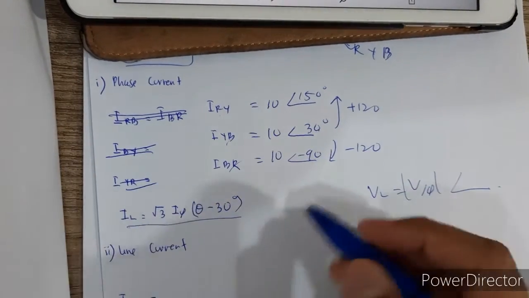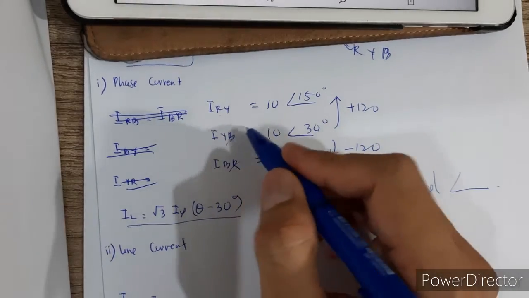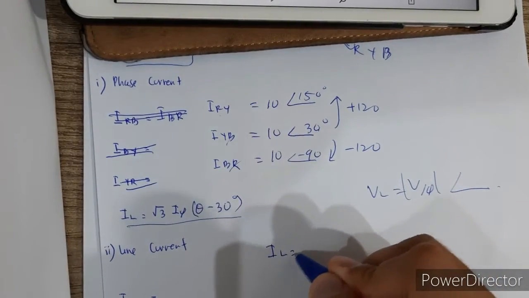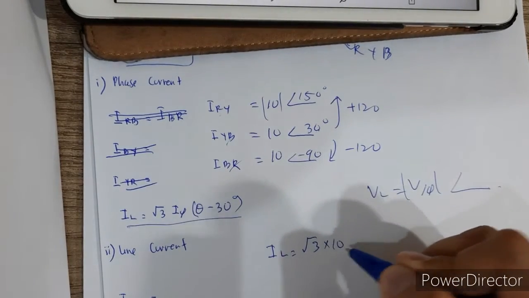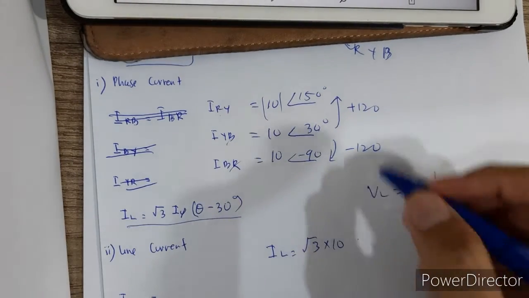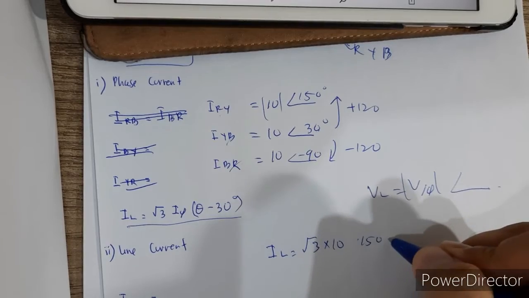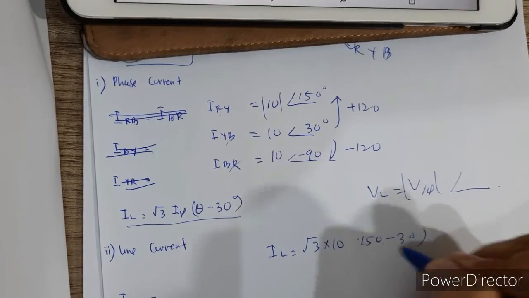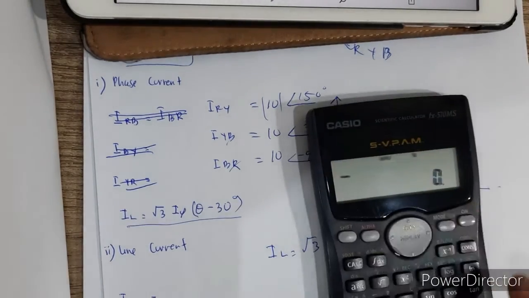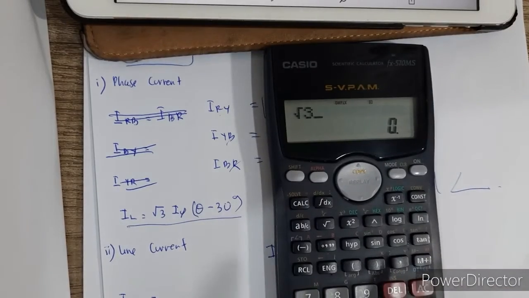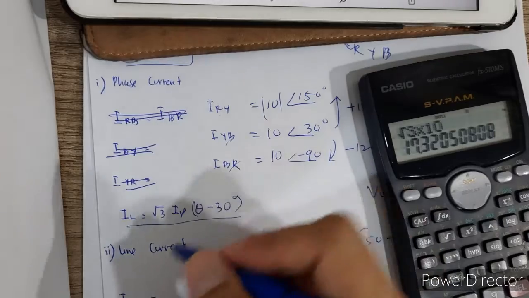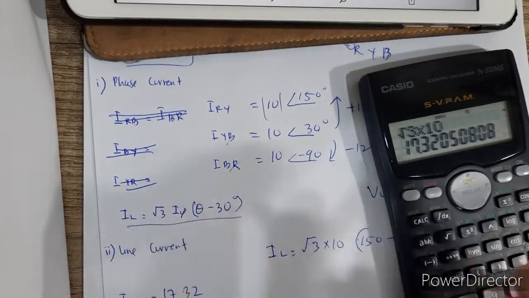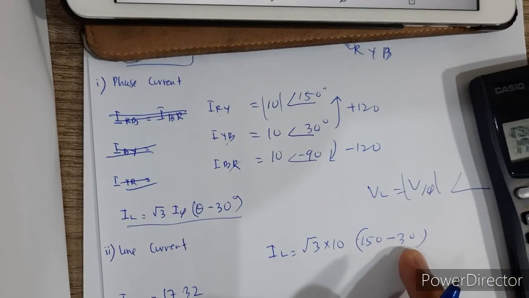Okay, the formula is IL, we have the phase current here, IL equals square root of 3 I phase, magnitude 10, multiply by 10, and then the angle is 150, minus 30. Okay, so square root of 3, multiply by 10, we will get 17.32. Okay, and then the angle is 150 minus 30 is 120.